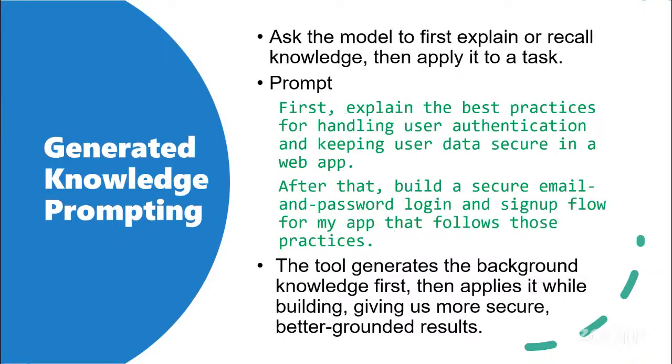Then there is another type of prompt called generative knowledge prompting. This is where we ask the model to first explain or recall what it knows and then apply it to a task. For example, we can say first, explain the best practices for handling user authentication and keeping user data secure in a web app.